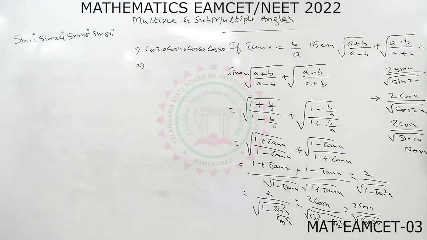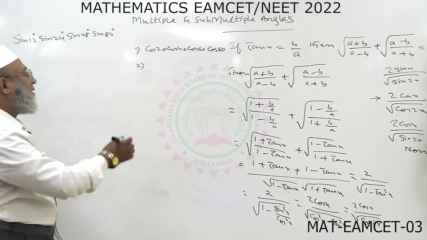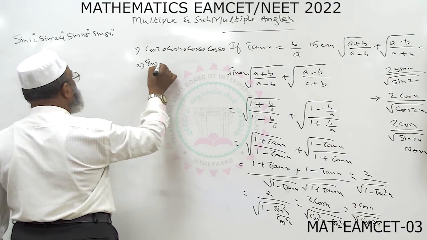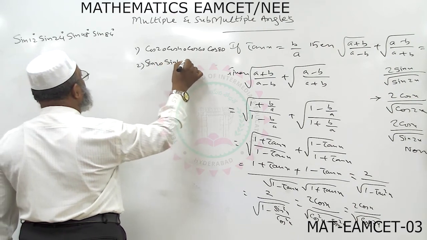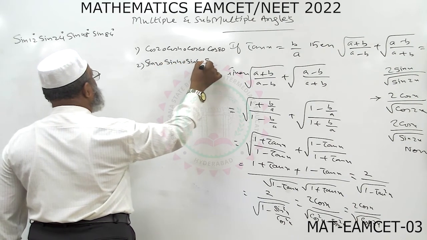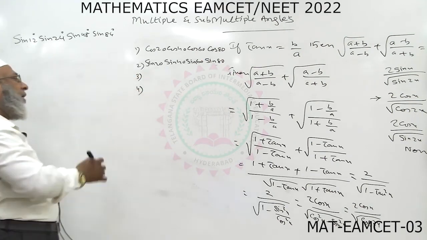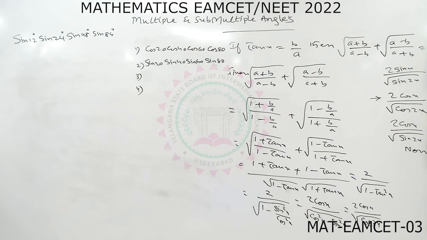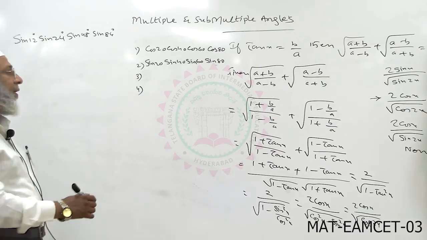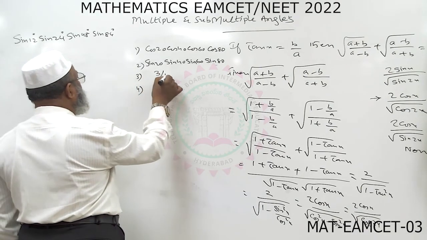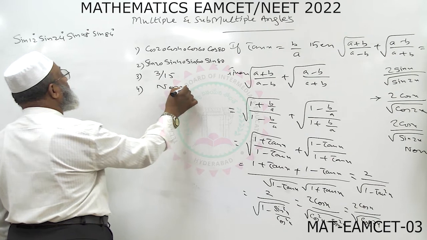Second option is sin 20, sin 40, sin 60, and sin 80. And third option is 3 by 16. And fourth option is none.